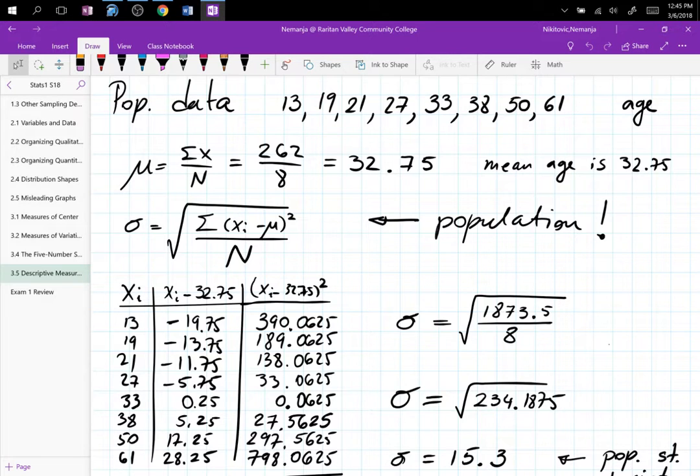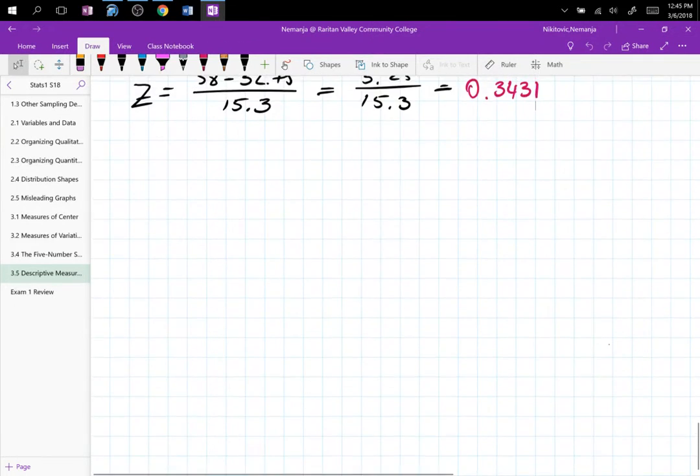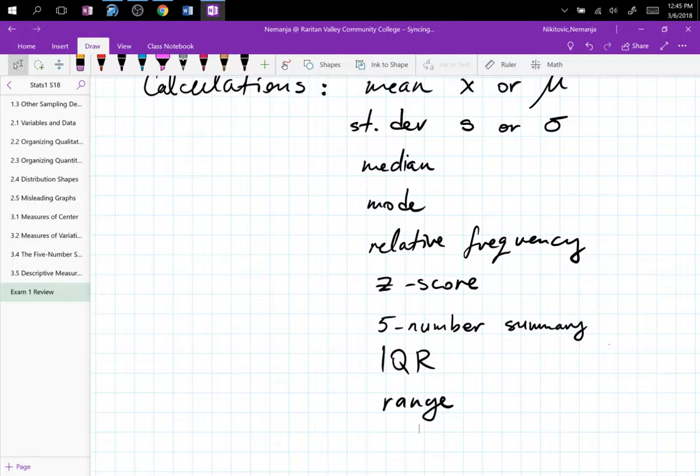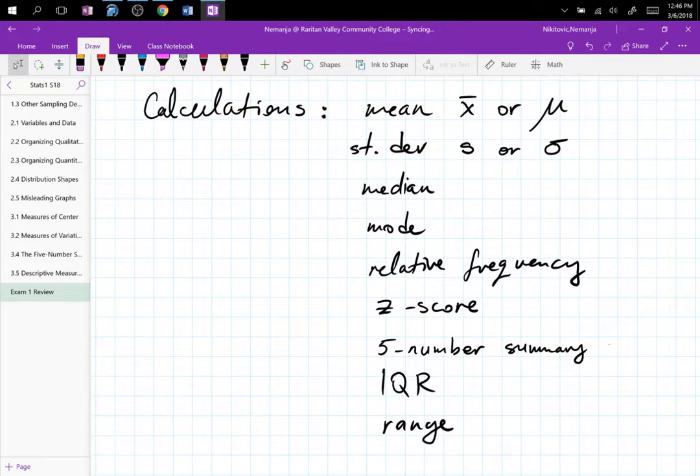I give you the population data and I tell you give me everything. That's your project, guys. Can you do a 5-number summary of this data? Yes. That contains the median. Is there a mode on this one? No, because there is no repetition. You can do a box plot, so there's also graphing involved. Can you convert z-scores? There's your mean. We can do everything except the sample ones.